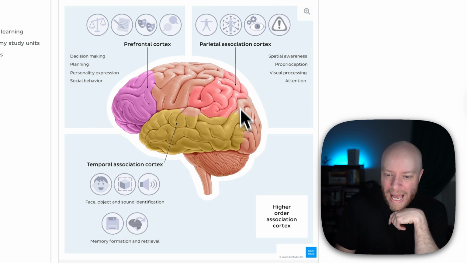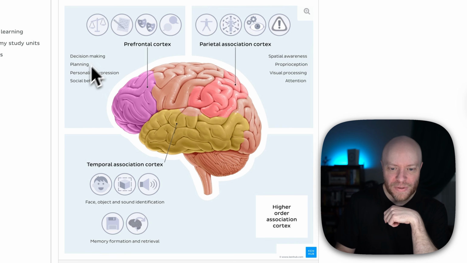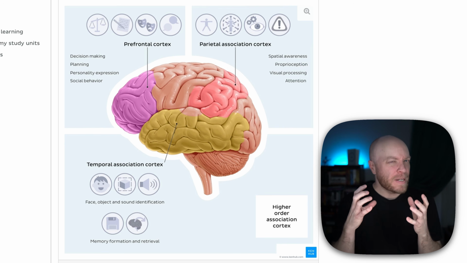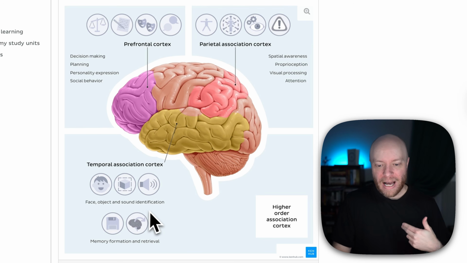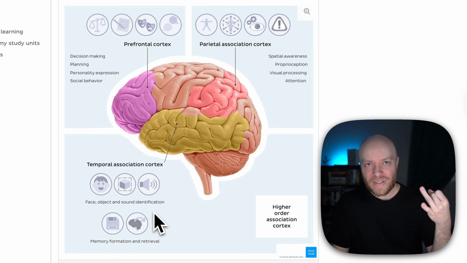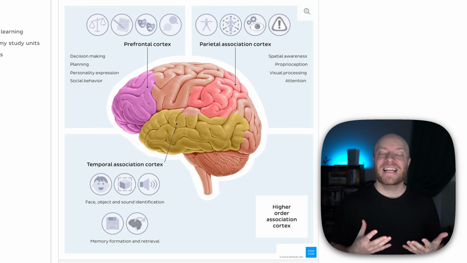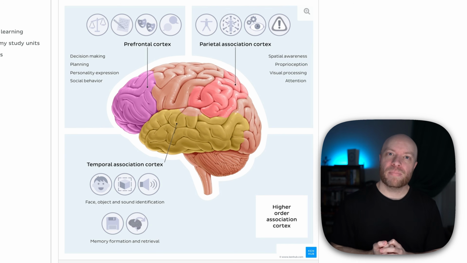But all of that is wrapped up into one thing. The prefrontal cortex is wrapping all of the decision making, the planning, the personality into one thing. And when you think about how your memories work with faces, with sounds, with voices, it's absolutely incredible how all of this just gets placed together by the brain.